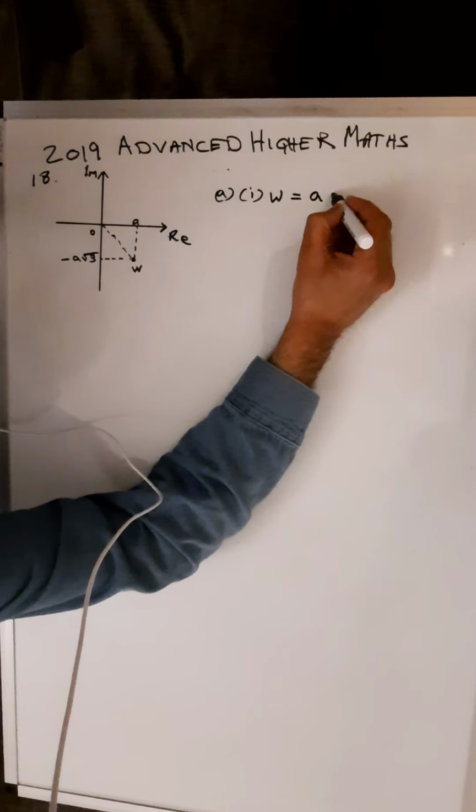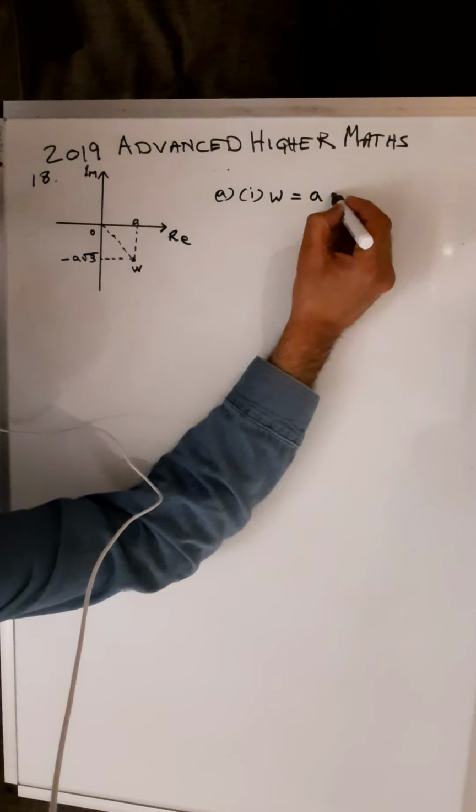Z cubed equals W is equal to 2a cos minus pi by 3 plus i sine minus pi by 3, given that a is equal to 4.